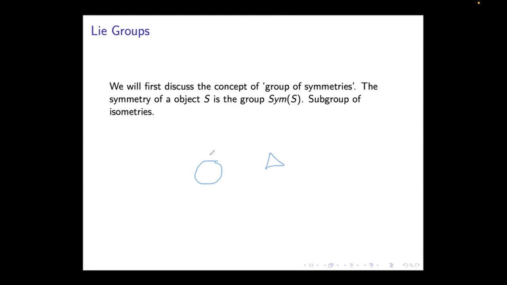Here, an infinitesimal rotation keeps the circle invariant. That means the circle remains constant. It doesn't change. But here you don't have that liberty. You have a specific degree of rotation that is needed to keep the triangle invariant. And I think we saw this in dihedral groups when we were discussing this.